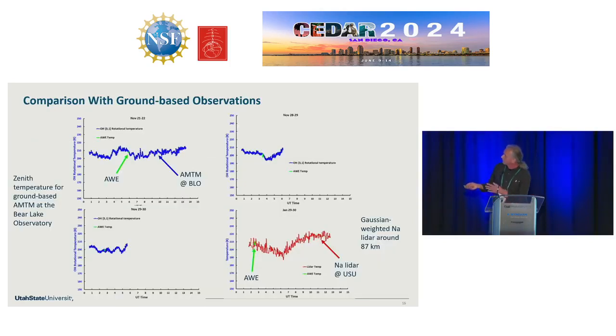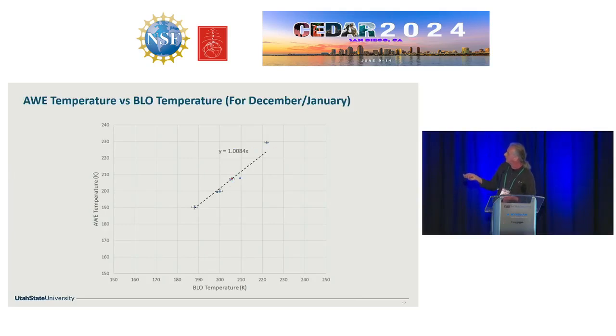We have done some comparison of the temperature data with ground observations so far, with Bear Lake observations. We have a ground AMTM there, and also Titus was running his LiDAR. You see here a very good agreement. You can see this better on this one here, where we show the air temperature versus the observed ground-based measurements, and we have a good feeling about the accuracy of the temperature.